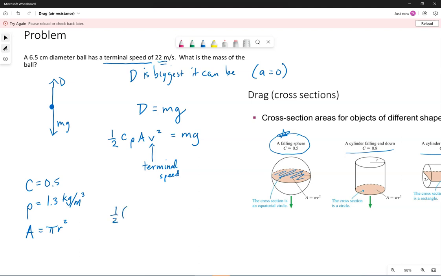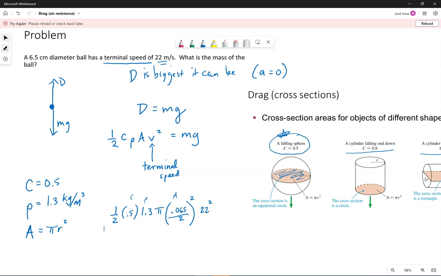If I start plugging things in, C 0.5, rho 1.3, area pi r squared. We do want to get to SI units, so I would change the radius to meters, but since they gave me the diameter, half of that would give me the radius. And so that's 1/2 C rho A, and then I need v squared.